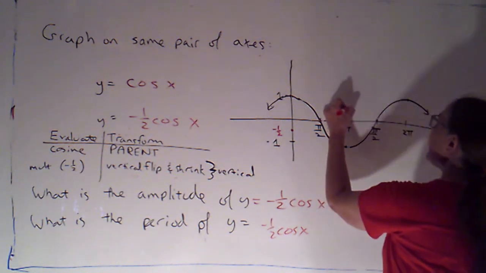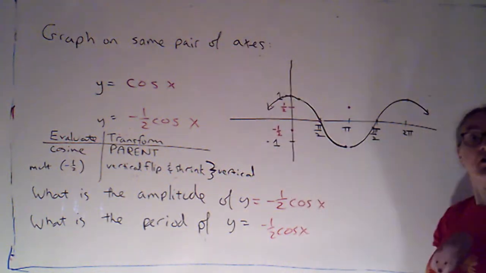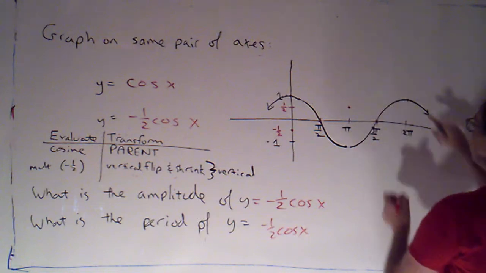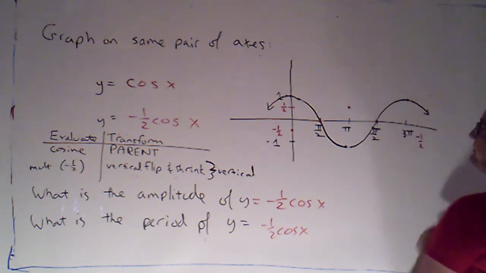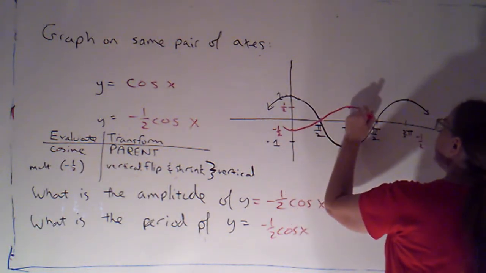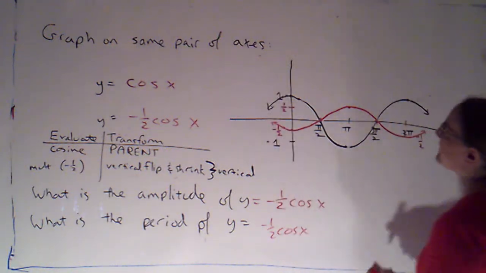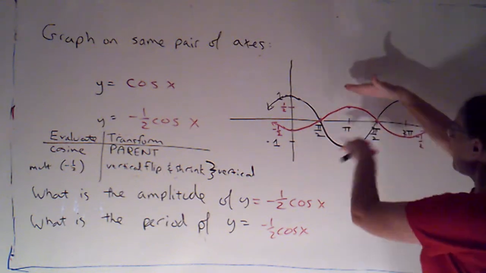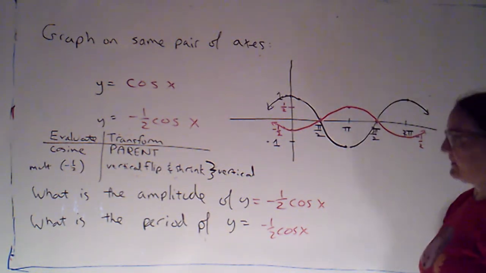Multiplying that by negative 1/2 is going to bump it up to positive 1/2. 0 will stay at 0, and 1 becomes a negative 1/2. So now I can connect these dots, and I can see instead of starting at a high point, we start at a low point, and our graph looks like it's just half as tall.